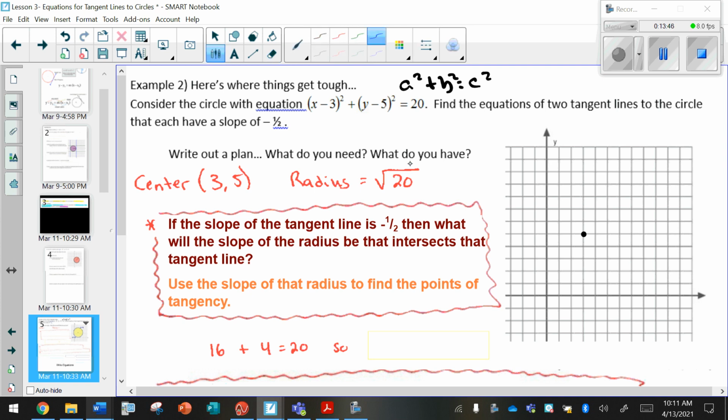If I know that radical 20 is the c portion, a² + b² = (radical 20)², then when I square the radical 20, I need to see if I can find two numbers that add to 20 that may also be perfect squares.